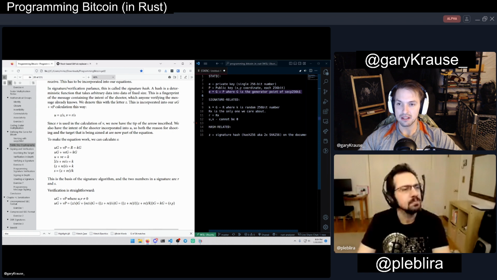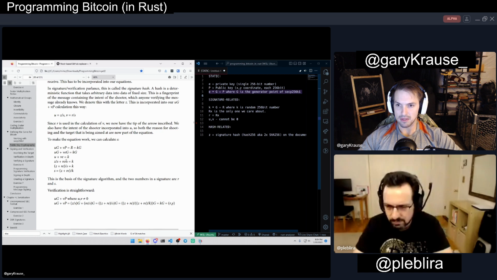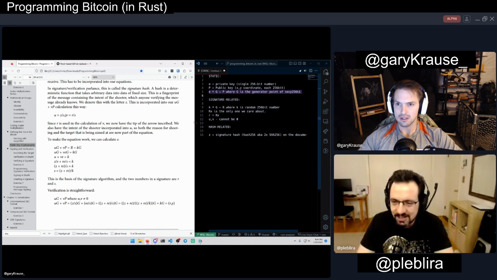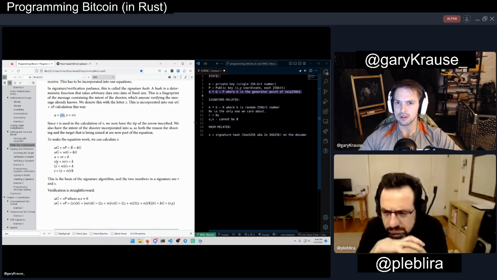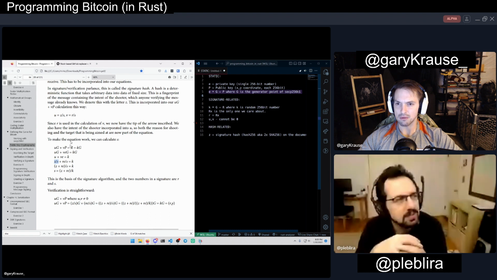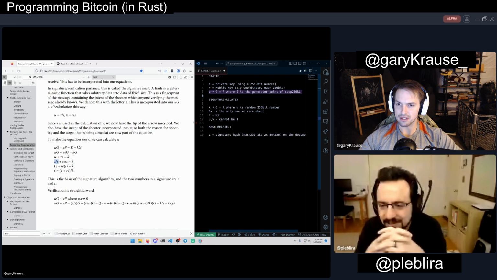Okay, let's think about this for a second. How do we get from this to this? Just based on those two, yeah. We're replacing U with Z divided by S and replacing V with R, which is our signature hash.